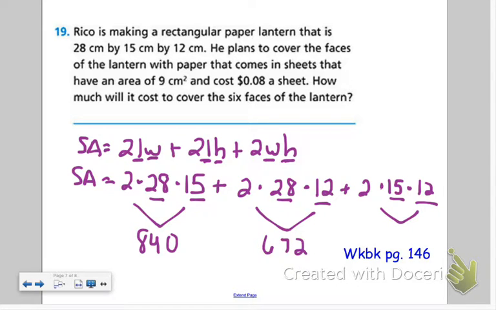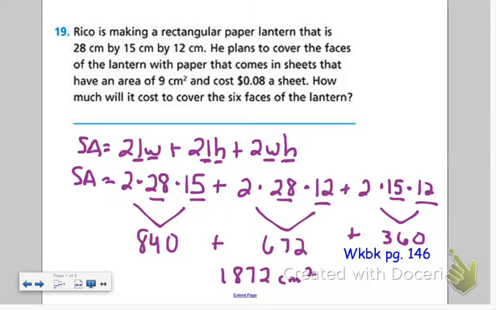And then I'm going to do 2 times 15 times 12, which gives me 360. And now I'm ready to do the addition. 840 plus 672 plus the 360. Looks like I'm going to get a total area of 1,872 square centimeters. That's just the surface area.